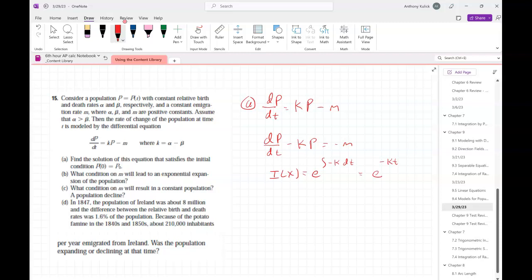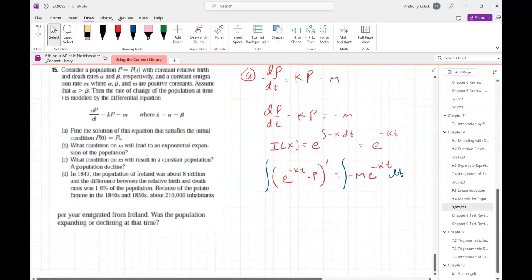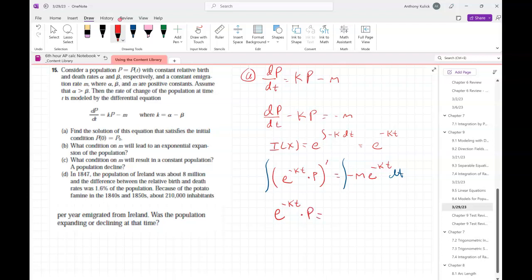So I have then e to the negative kt times P prime equals negative M e to the negative kt. Integrate both sides. So the integral just cancels out the derivative part. And to do this, I'm going to have to do a u sub.